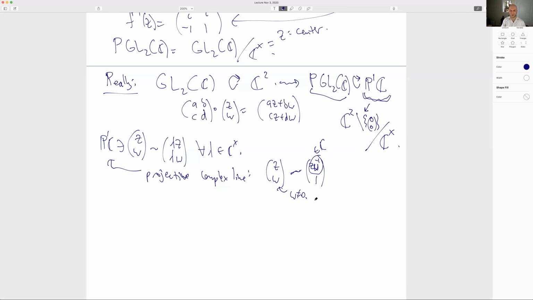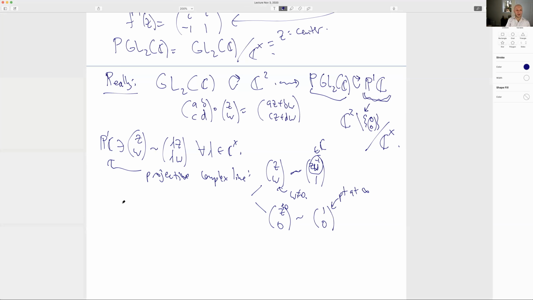And there's another chart. You have two options here. Or if W is 0, that means Z, we don't allow (0, 0), Z is non-zero. And that's equivalent to, I could take lambda now to be Z inverse. So I get [1, 0], and this is the point at infinity.